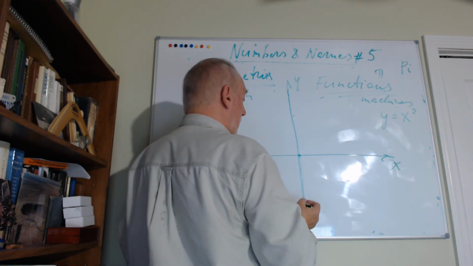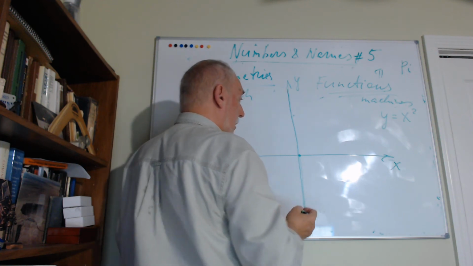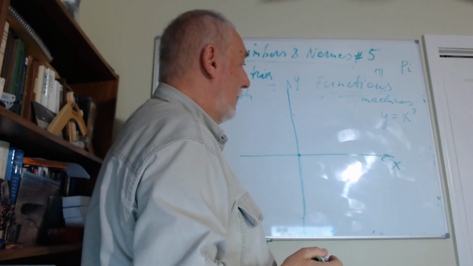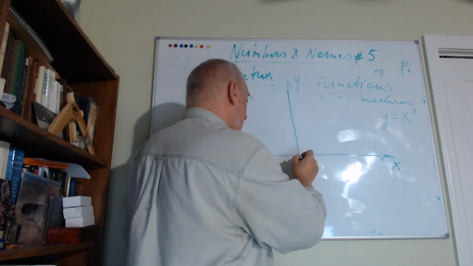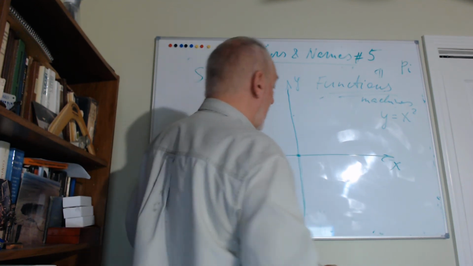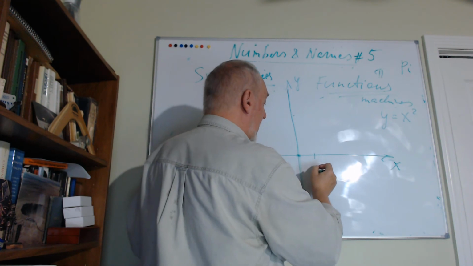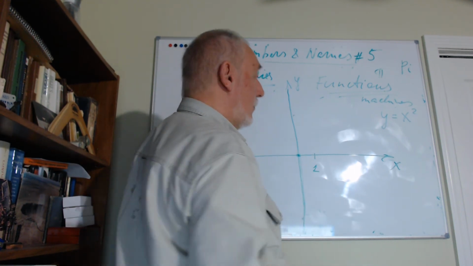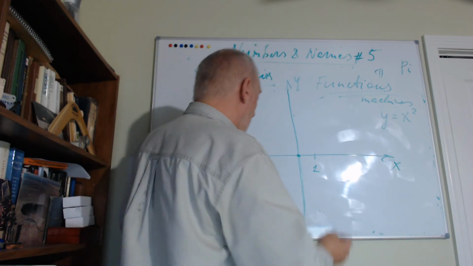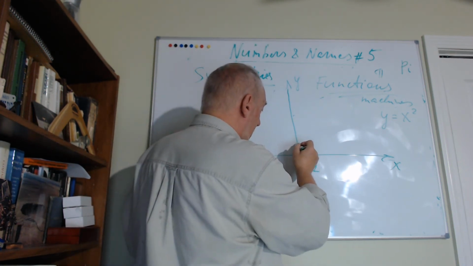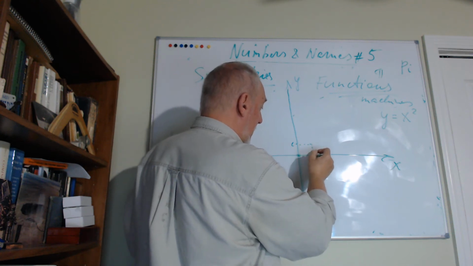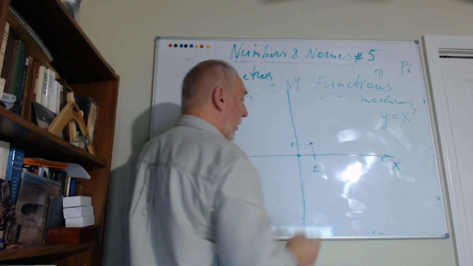If y equals x squared and x is 0, that means y equals 0. So it's this point. We have this point first, right? Now, x equals 1. y equals 1. So here is 1 and x is 1, so we do this. That's how we put the point.